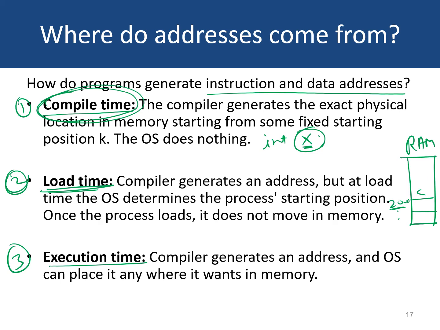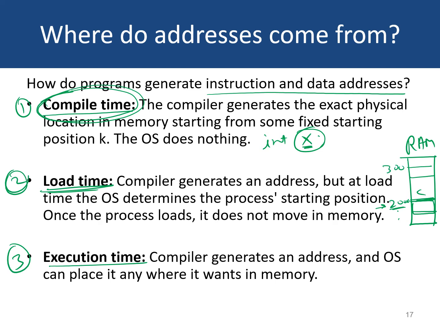But note that when the compiler was compiling the code for this process C, it would not have known that in the main memory this process C would be loaded starting at memory address 2000. It is possible that for a certain set of processes, maybe this address 2000 was not available, and so the operating system could have decided to allocate this process C somewhere higher up here, maybe starting from address 300 and so forth.